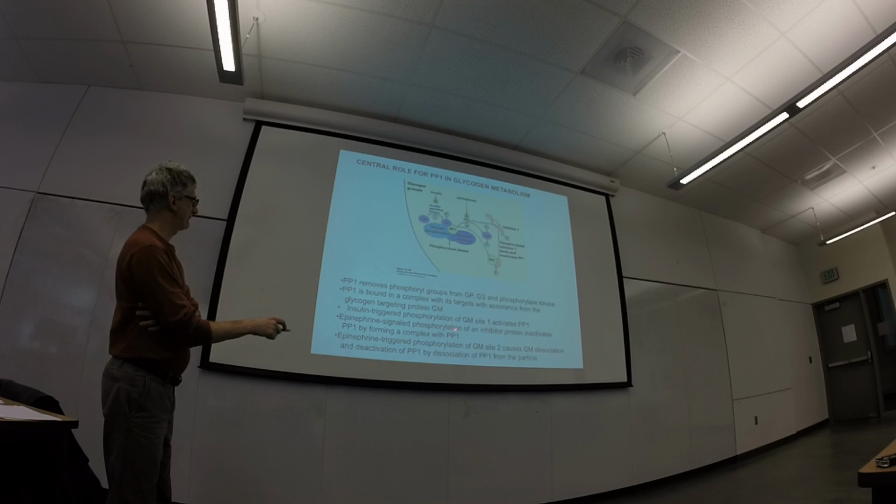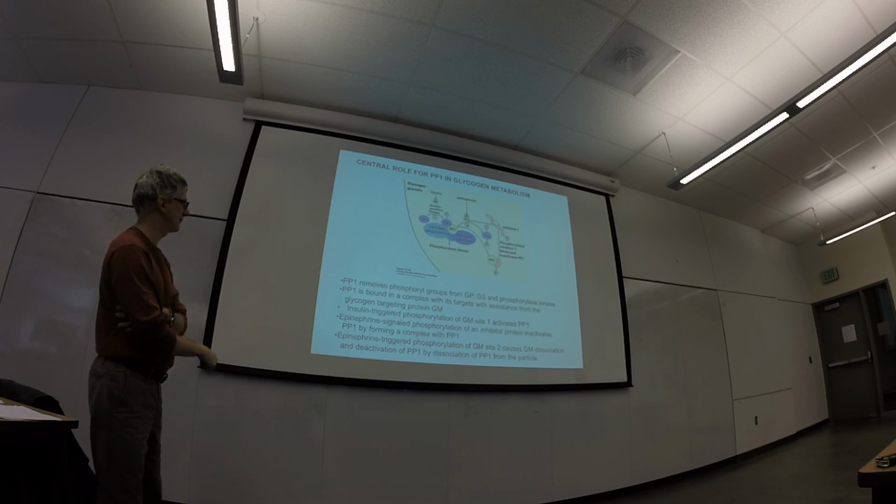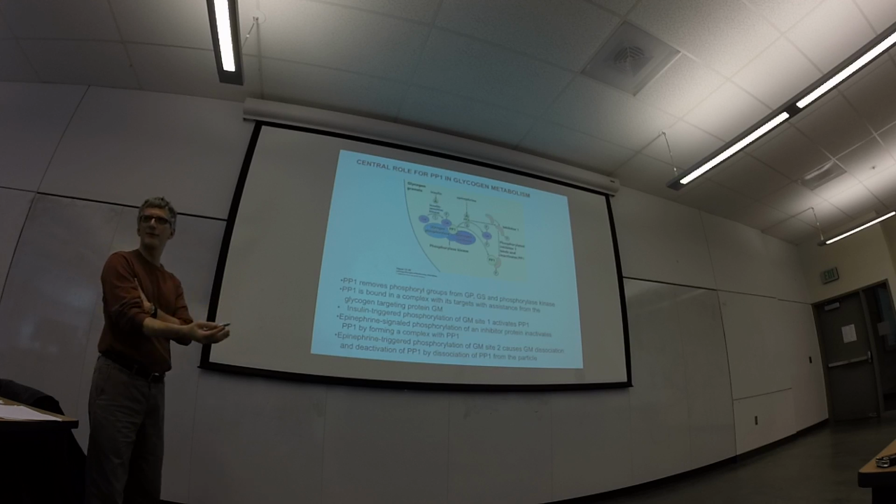So PP1 is bound in this complex, but it's helped to be bound by this other protein called GM, which is a glycogen targeting protein. So when insulin acts through its pathway, it phosphorylates GM, and the phosphorylated GM activates PP1. And the PP1, through insulin, takes the phosphate off of glycogen synthase, thereby activating it, which we want.